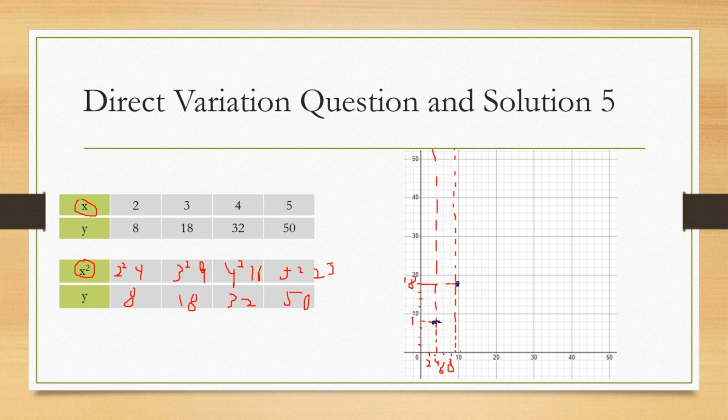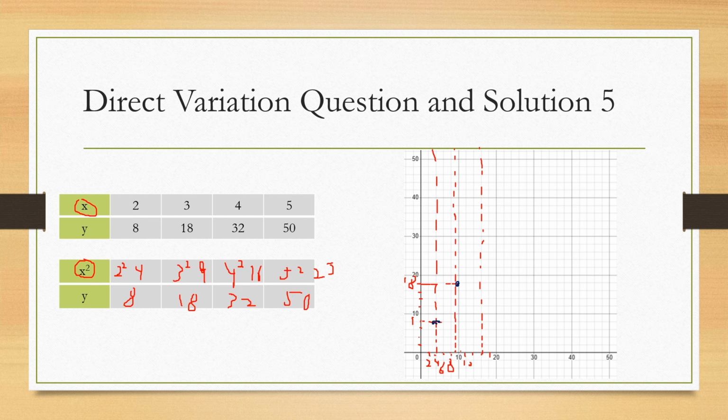Next is for 16. X is 16. So remember, it goes up in steps of 2: 12, 14, 16, and 18. So this will be 16. Next is 32.